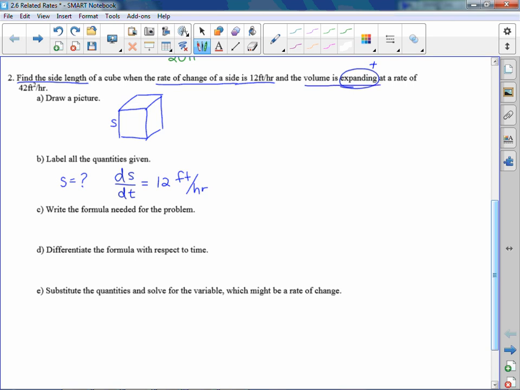Volume is expanding at a rate of 42 square feet per hour. So the rate of change of the volume, dV/dt, is equal to positive 42 feet squared per hour.